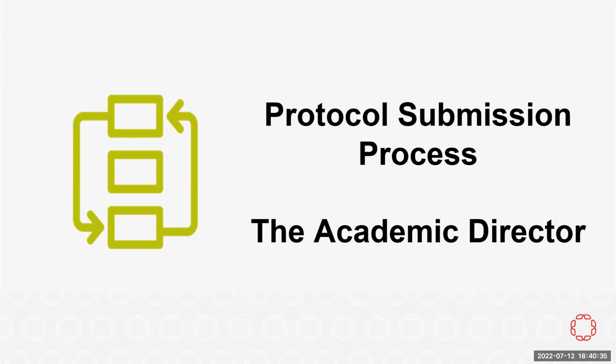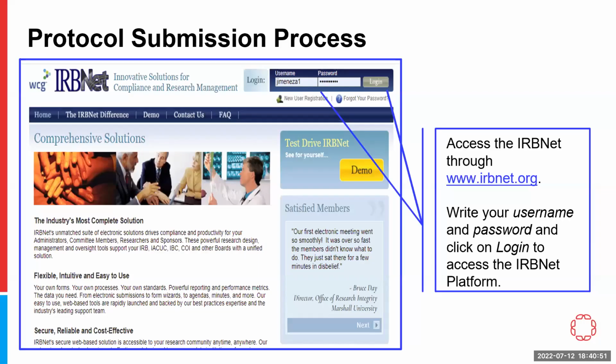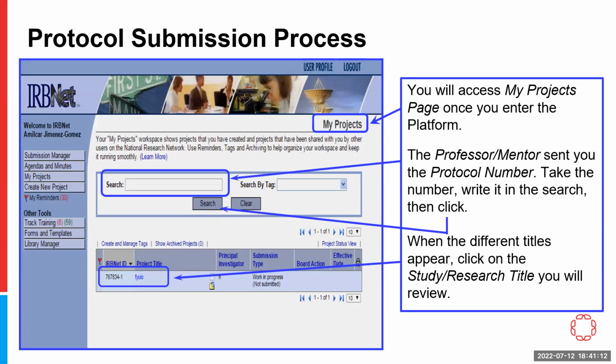Now, the submission process for the academic director, and it's good that you learn how this is done, because you can also monitor all the studies that you submit, all your protocols. Once it's shared, by the way, the system will automatically send the academic director an email saying somebody is sharing with you. The academic director will log into the page, go into My Projects.